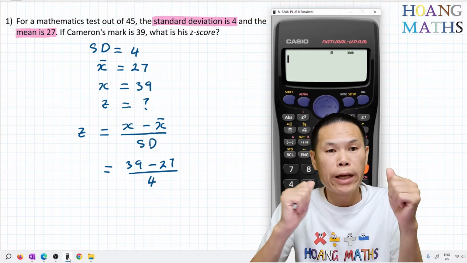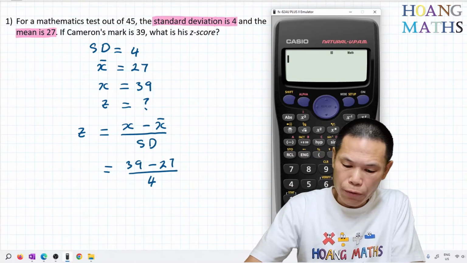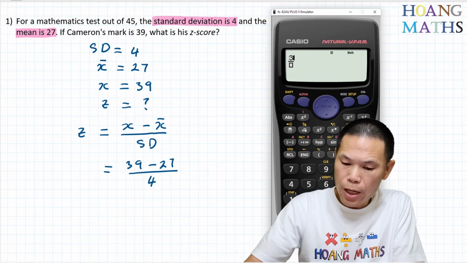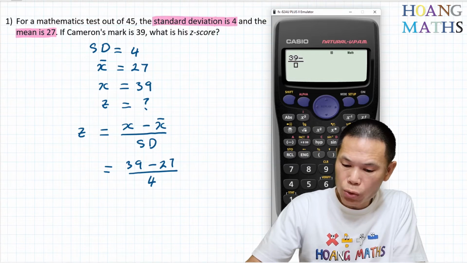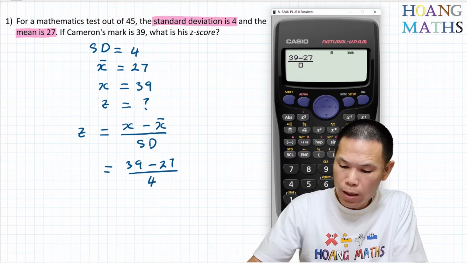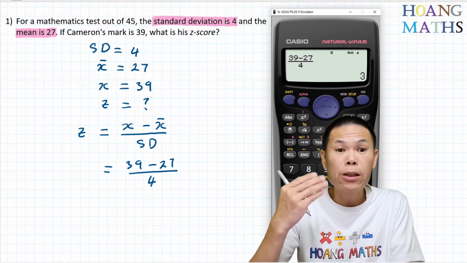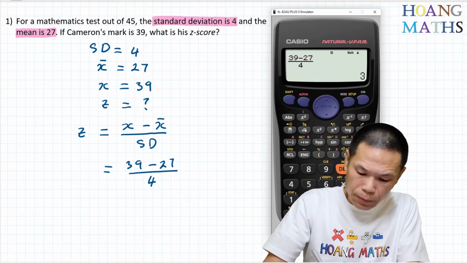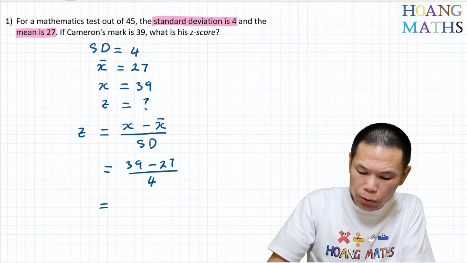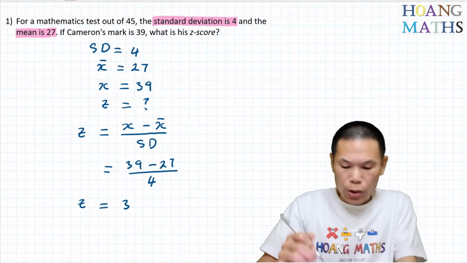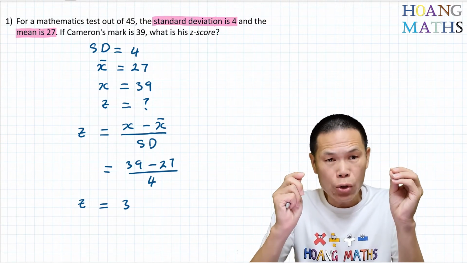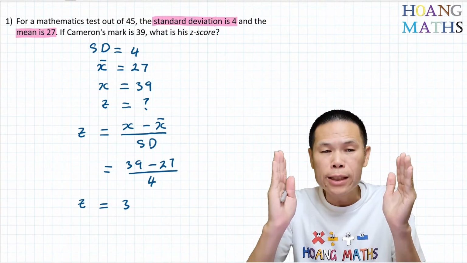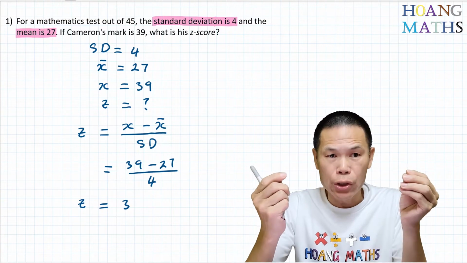Now I just put that on a calculator: fractions, 39 minus 27 over 4. So that is 3. So this means that Cameron's score is 3 standard deviations above the average.